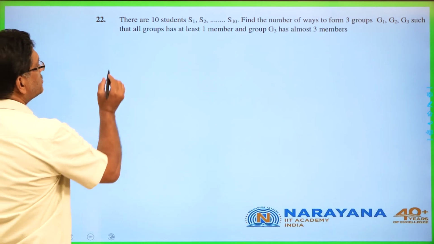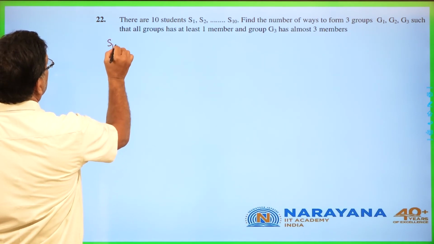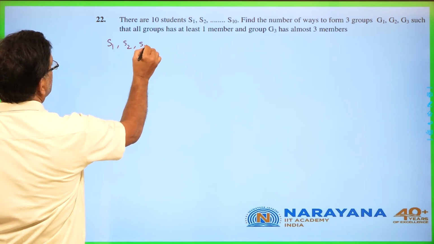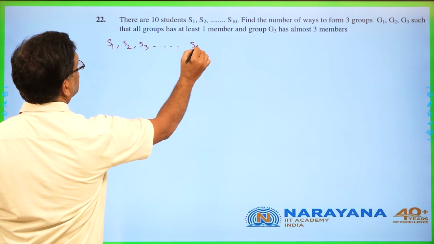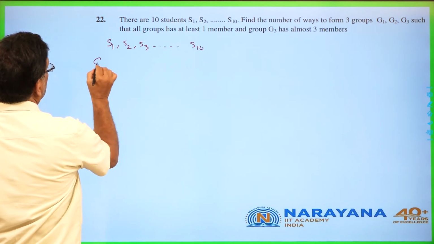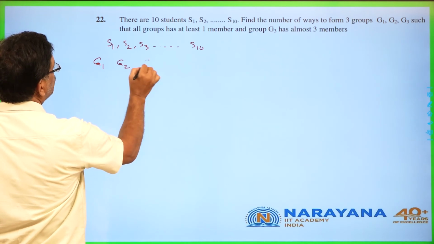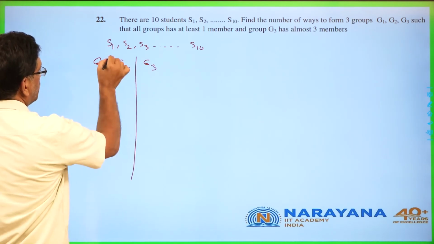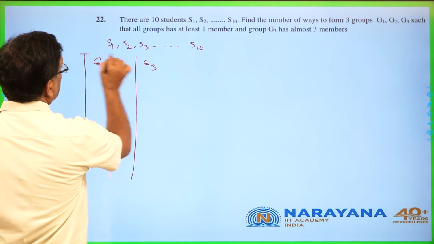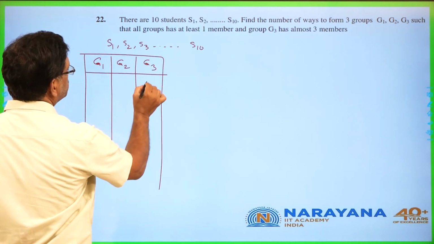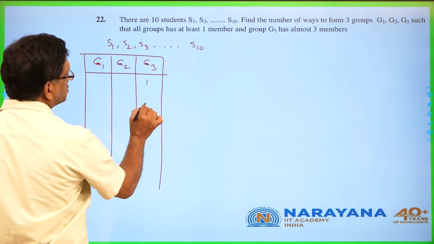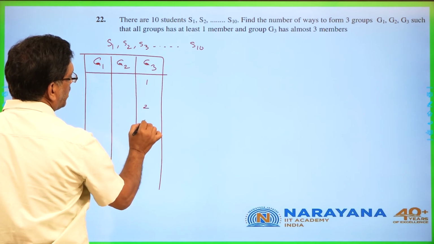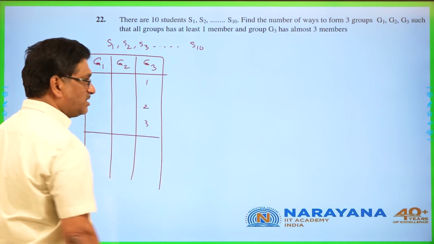There are 10 students, S1, S2, S3, and so on up to S10. We have to divide them into 3 groups like this. But remember, in the third group you may have 1, 2, or 3, not more than 3.